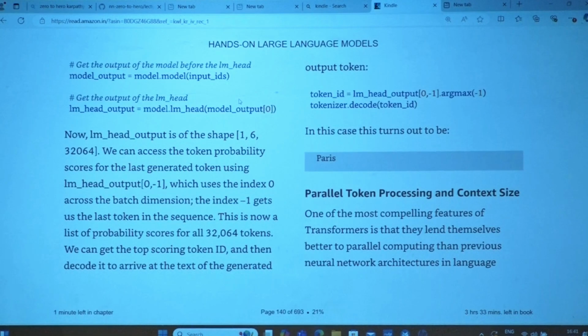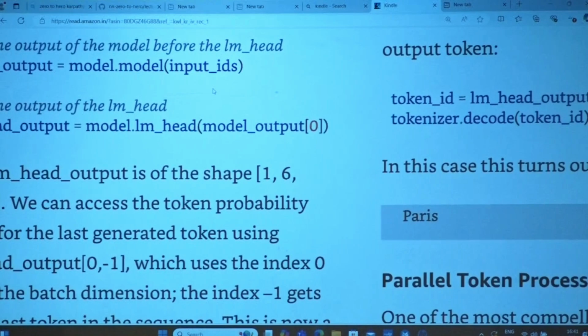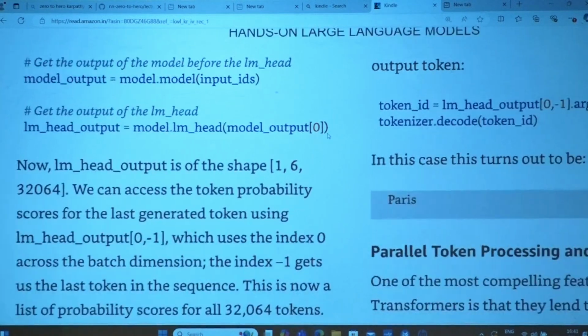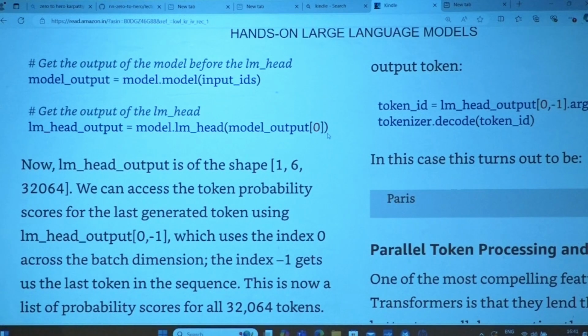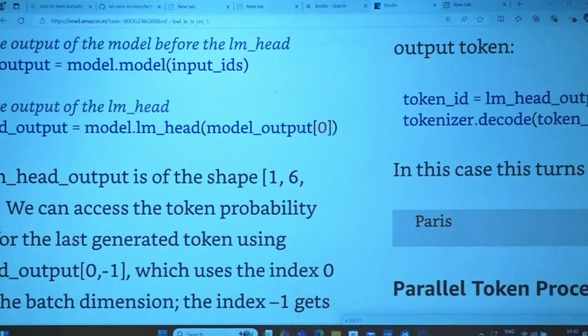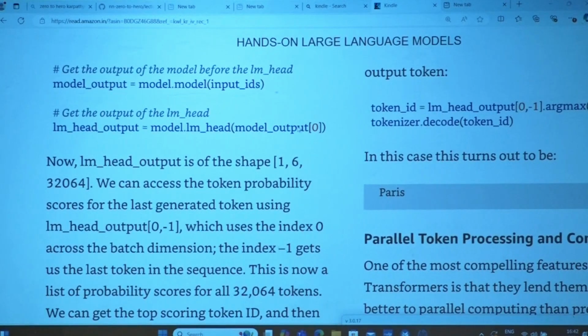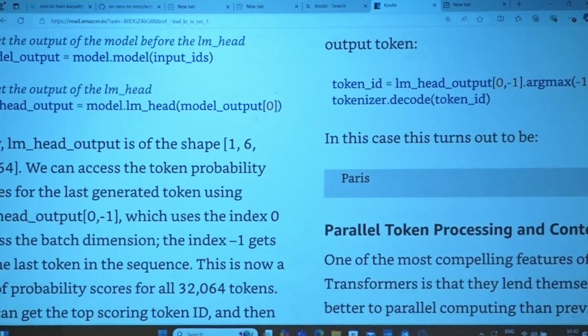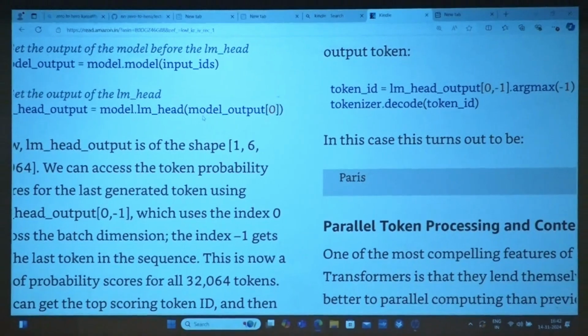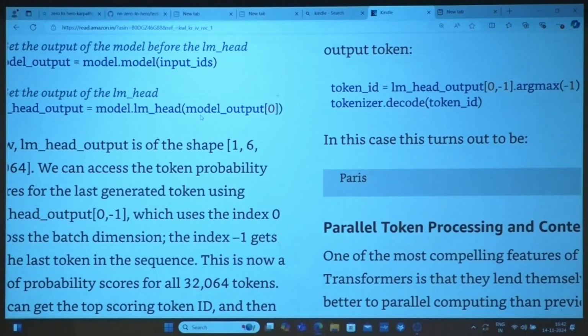Now, he has not shown the embedding step, but that's okay. The input IDs have to be converted into their embeddings. He has skipped that step, which is okay. Then the input IDs are given to the model, and the model output is taken. Now I am accessing the LM head of the model.